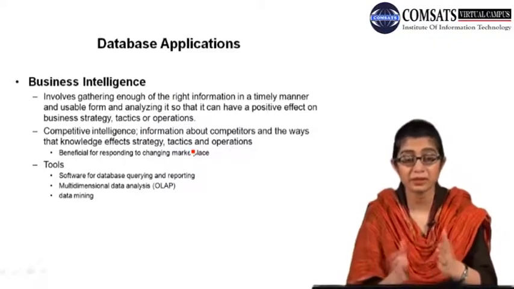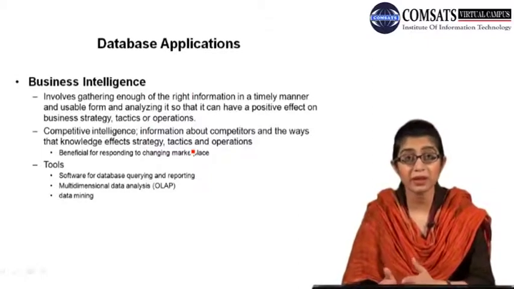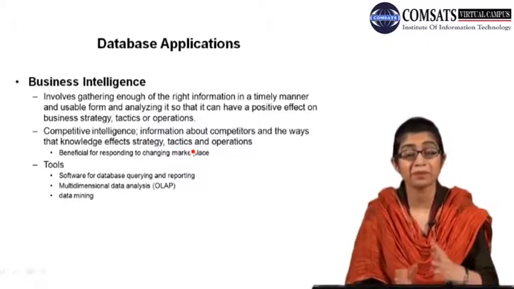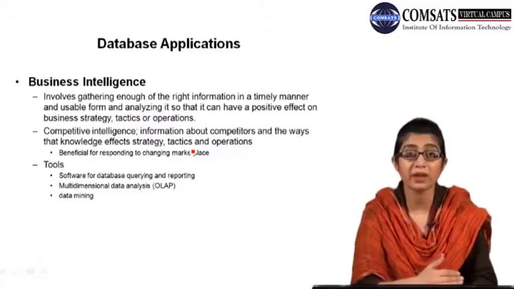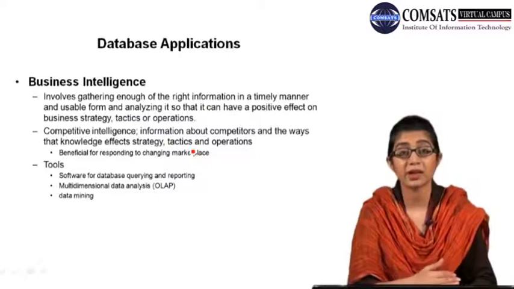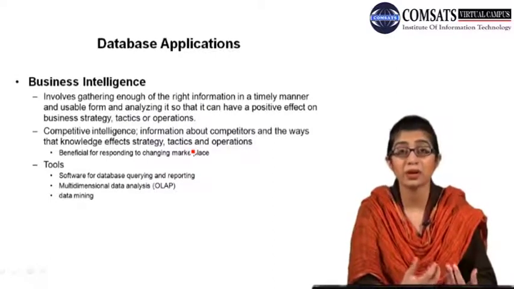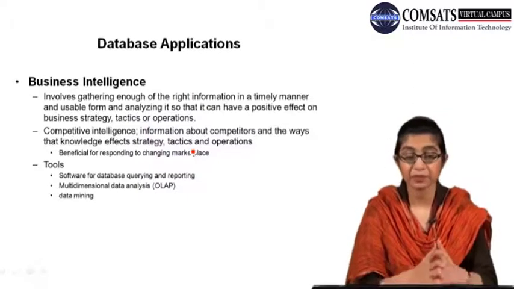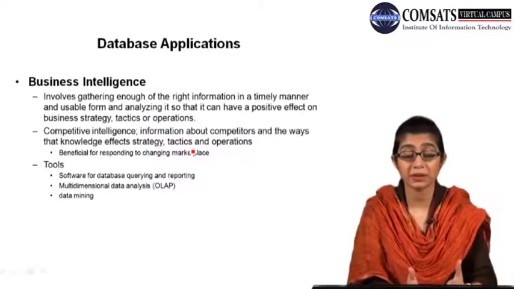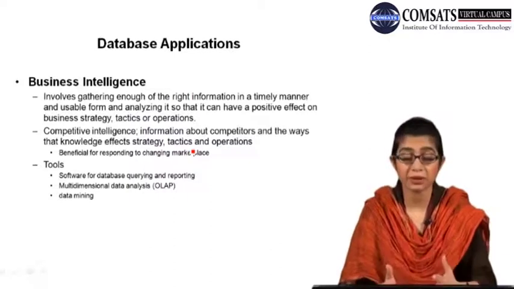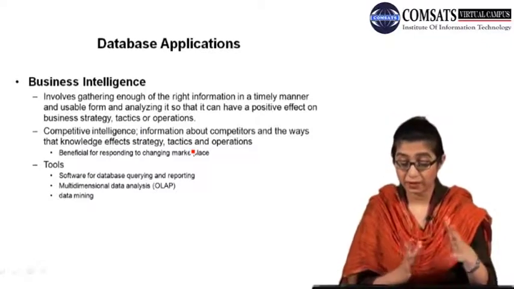So business intelligence is all about getting the right kind of information in the right format, in a timely manner, so that users can do the analysis on it, and after analysis they can extract the outcome from it, and the outcome can be used for better decision making. And if decision making is better, it means you can have a business strategy, you can improve your business tactics and improve your business operations as well.